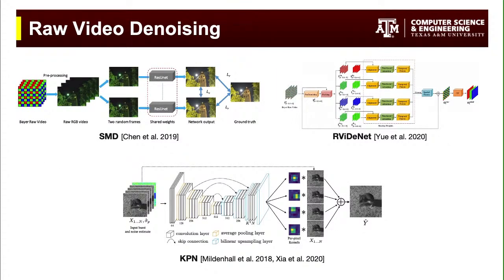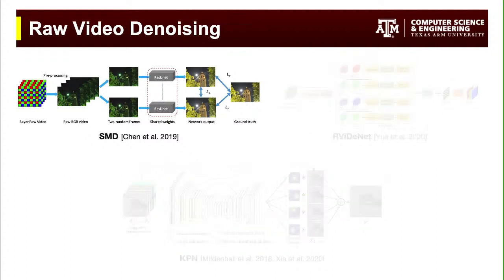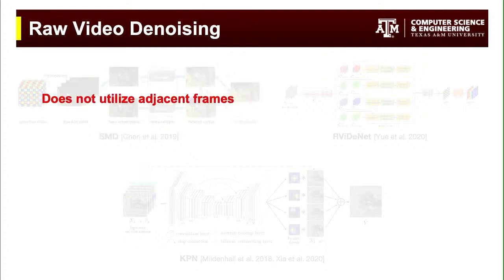To address this issue, a few recent methods propose to perform denoising on raw videos by accurately modeling the noise. Specifically, Chen et al. proposed to train a network to denoise each frame and enforce the result of consecutive frames to be similar. However, the method does not utilize the information of adjacent frames.